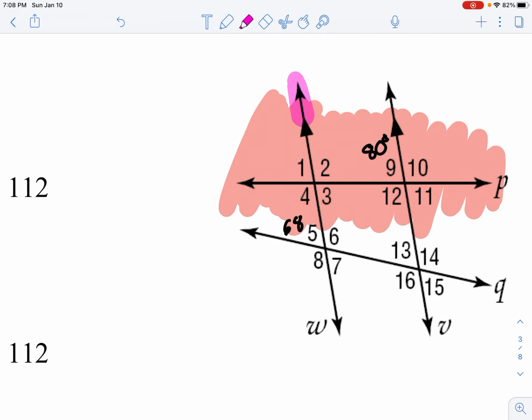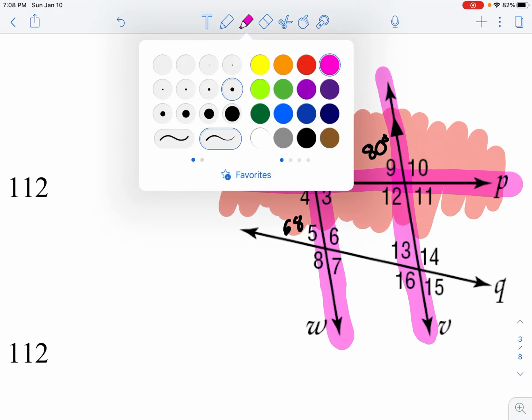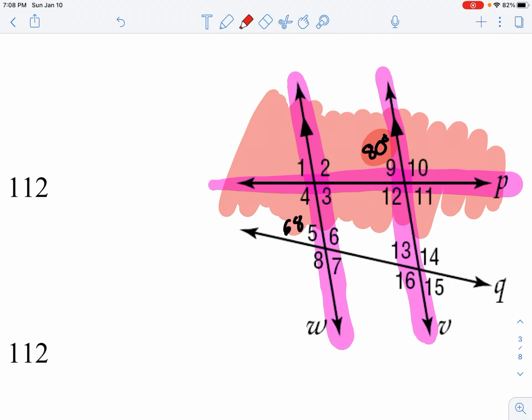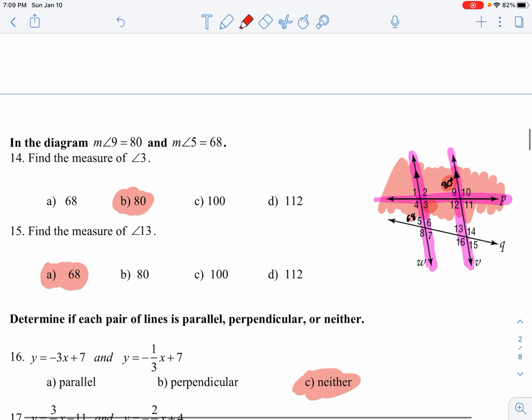One of our parallel lines is right here, the other one is here, which means our transversal would be this one. And since our 80 is right here and it's asking for angle 3, those are alternate interior angles. I know alternate interior angles are congruent. They both look acute, so that one will also have to be 80 degrees.